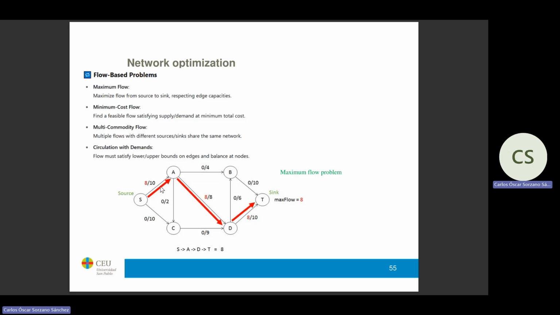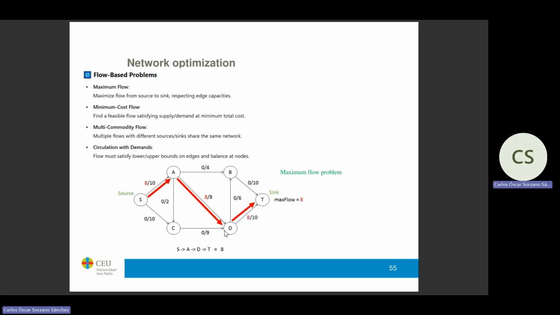For instance, I have chosen this path. This path is not actually the maximum. It is limited by this edge, whose capacity is 8, so the maximum I can transfer is 8. I'm not fully occupying the capacity of this edge.